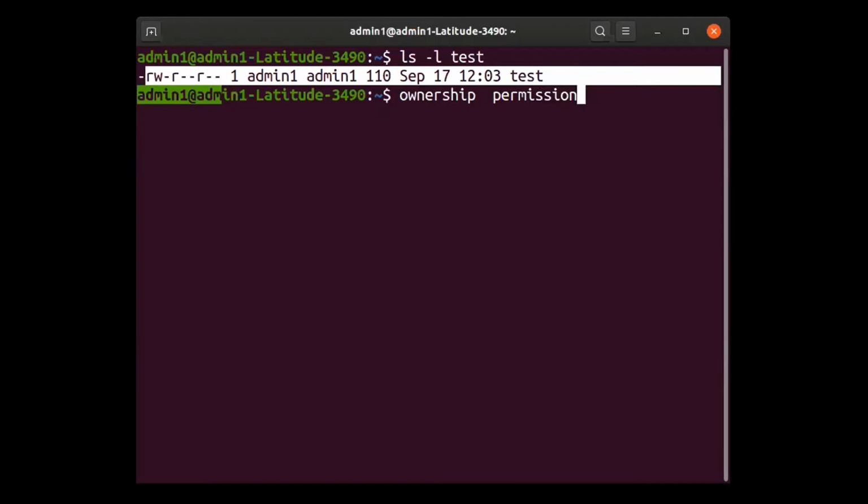Now ownership is straightforward. Say for example, if I am a programmer and you can see very well on the screen there is a file called test. That particular file test is created by me. So obviously I become the owner, and more or less I have also logged in with my login. So I am the owner of that.